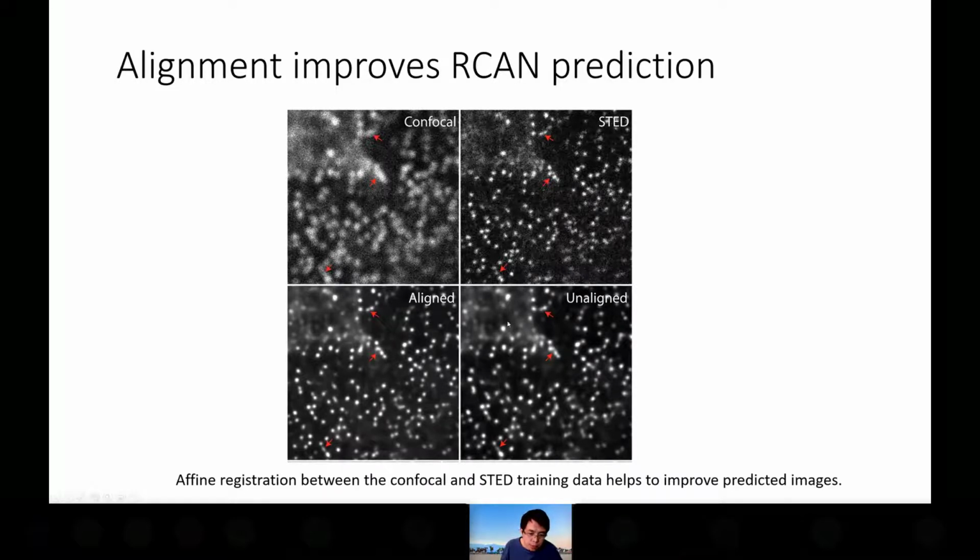We did the experiments. We compared the aligned images between the confocal and the STED images before training versus the unaligned confocal to STED images. We found that affine registration between the confocal and the STED training data set helps to improve the prediction images.